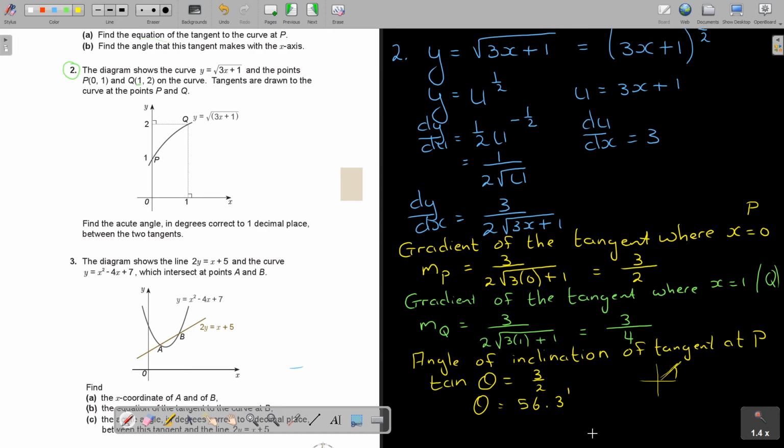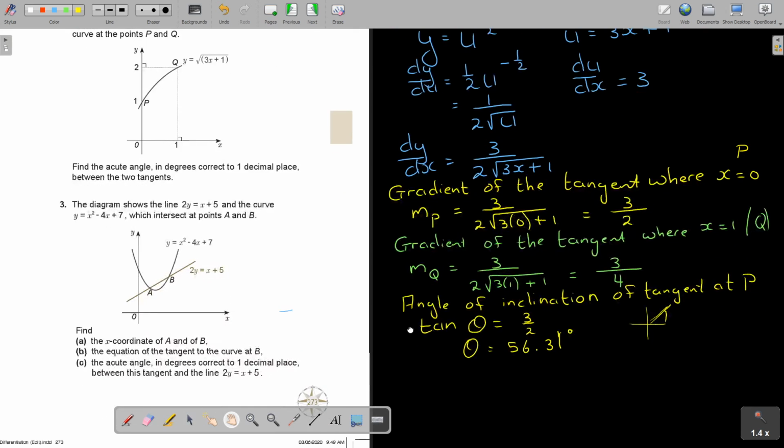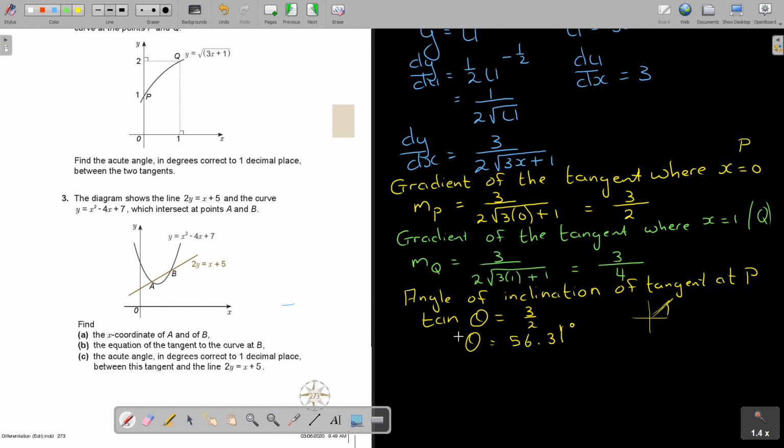So I'm going to move up. Back to green. Now it's again this green one. Angle of inclination of tangent at Q. So it's going to be tan theta, and now it's 3 over 4.